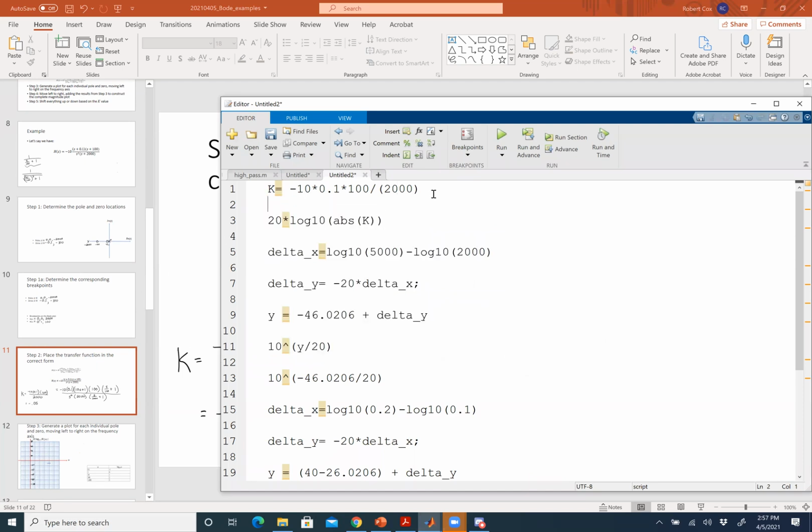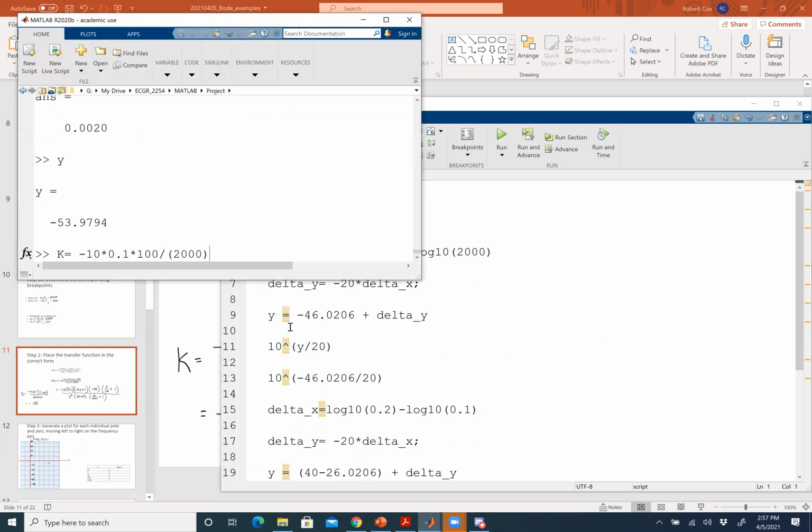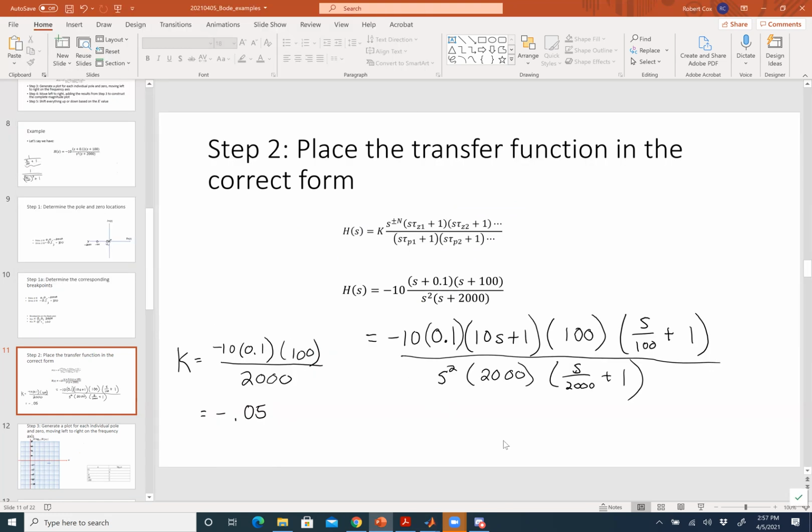So let's just check that real quick. My K value is negative 0.05, okay? Now that turns this thing into negative 0.05 times 10s plus 1 times s over 100 plus 1, all over s squared times s over 2,000 plus 1.